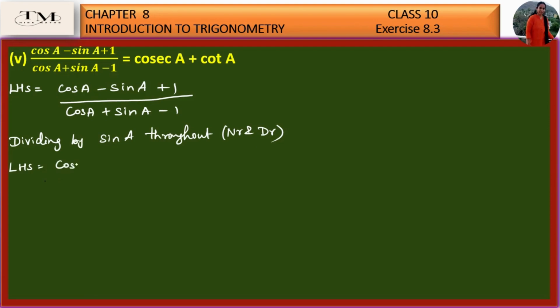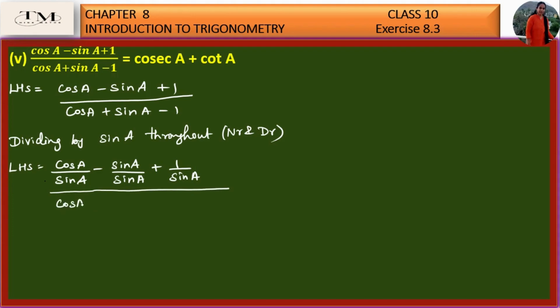It is cos A divided by sin A minus sin A divided by sin A plus 1 by sin A. So this is the numerator, and in the denominator we have cos A divided by sin A plus sin A divided by sin A minus 1 by sin A. So we have divided the numerator and denominator by sin A.